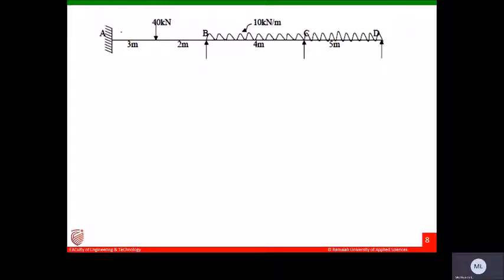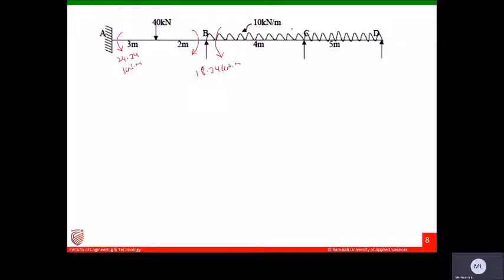So you got here MAB is plus 24.34 kilonewton meter, you got 24.34, and MBA is minus 18.34, so it's 18.34 kilonewton meters. Okay, so it is pulling up.